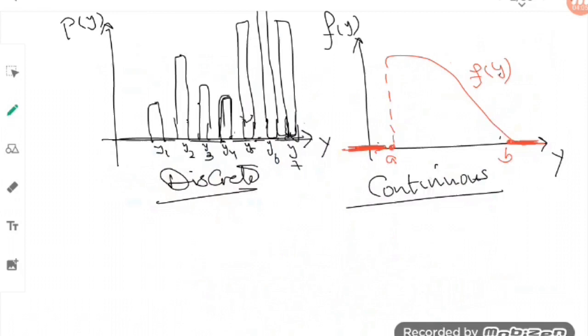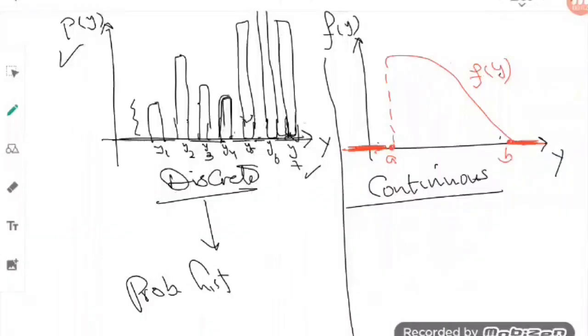Imagine that we have a discrete random variable y defined by the probability mass function p of y, and this is the probability histogram. The variable y here takes 7 values from y1 to y7, and each of them is represented by a bar. The height of the bar represents the probability that the random variable takes this value.